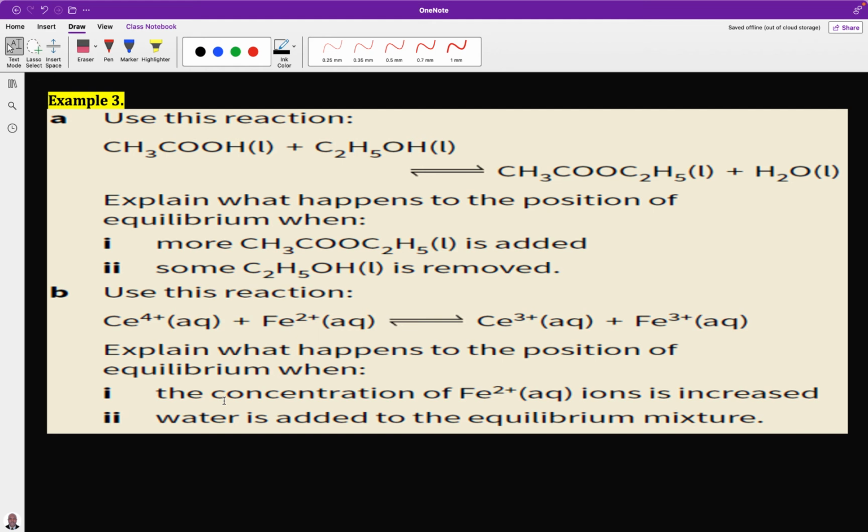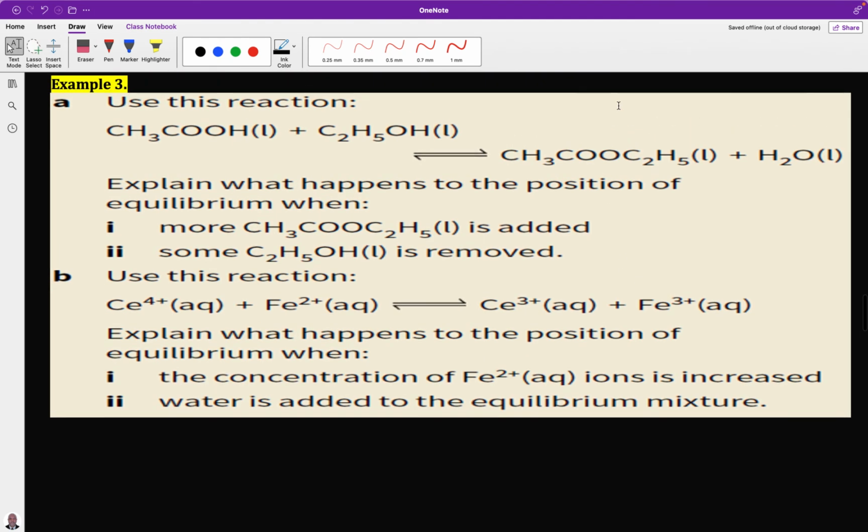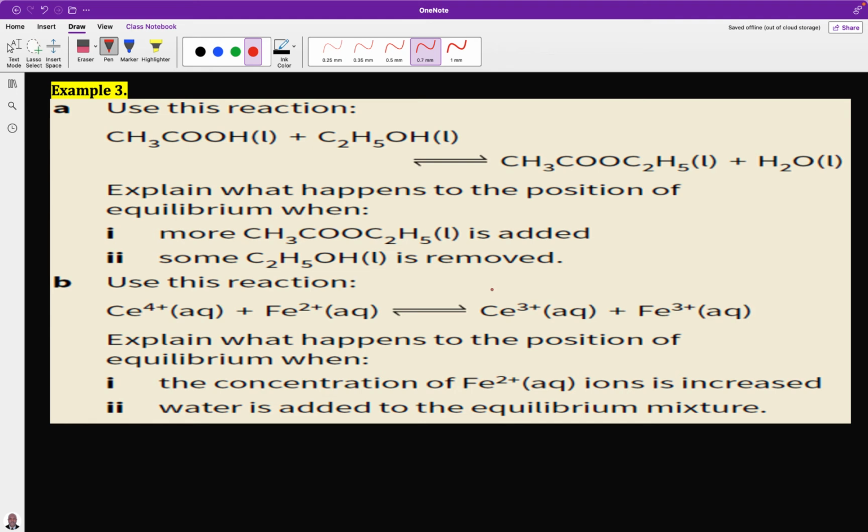Explain what happens to the position of the equilibrium when more of the ethyl ethanoate is added. When more of this is added, the equilibrium is no longer there.